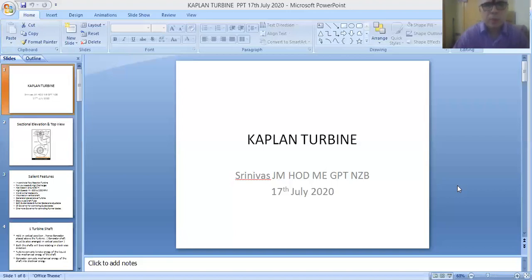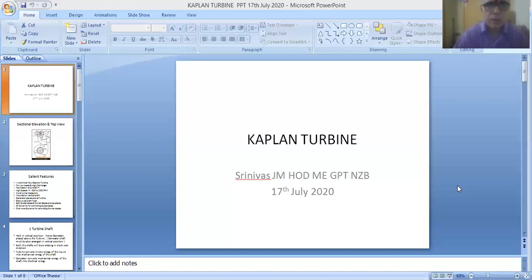So depending upon the availability of quantity of water, we have to make use of these turbines. If water is available in less quantities, we have to make use of the Pelton turbine for power generation.